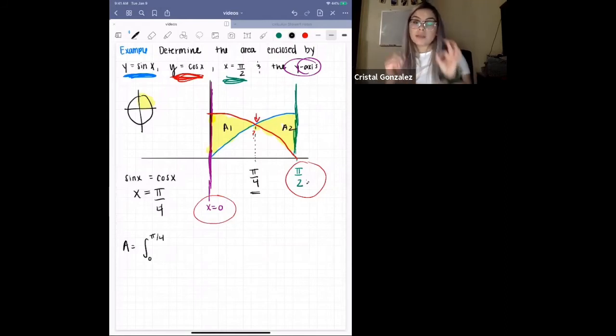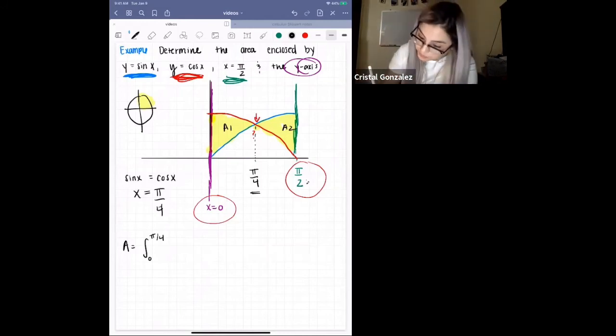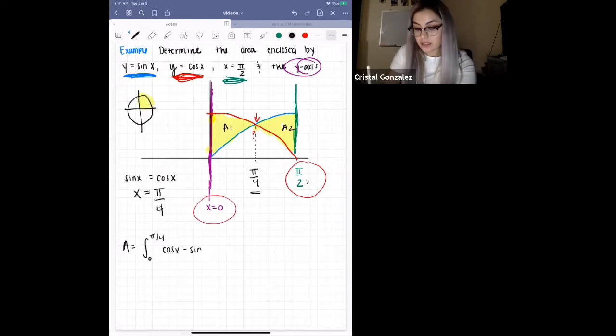And now when I'm looking at this function here, I see that my cosine function is my top function, and my sine function, that blue function, is my bottom function. So if I'm doing top minus bottom, I'm going to get cosine x minus sine x dx.